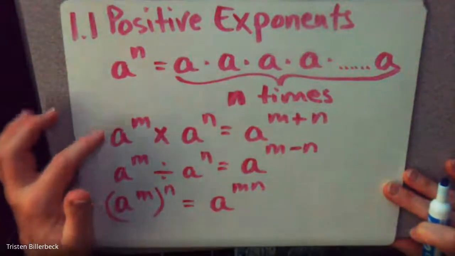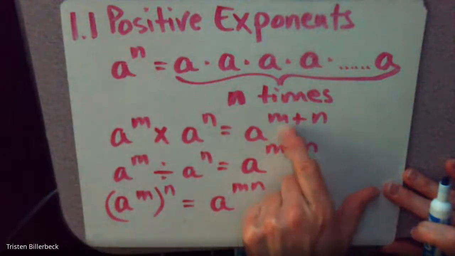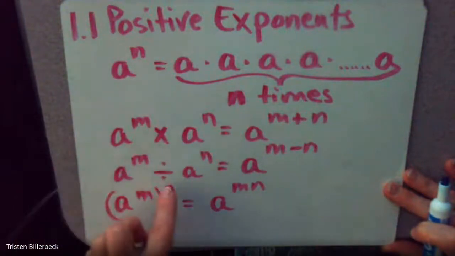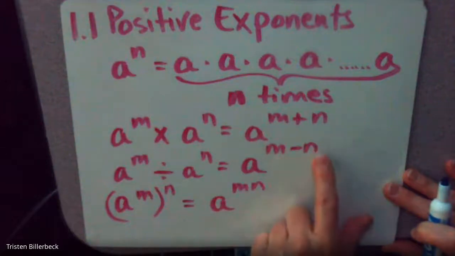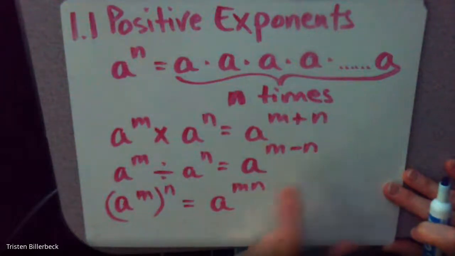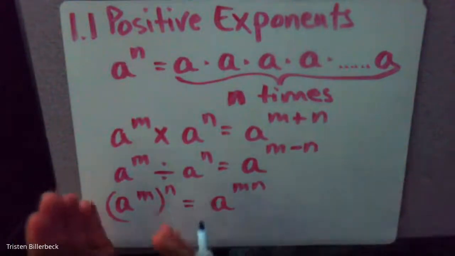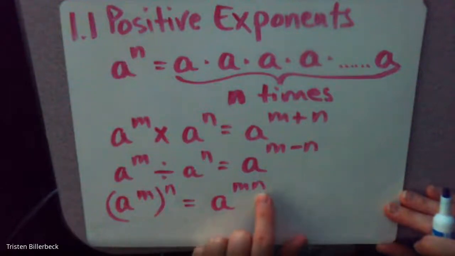So we have a to the m times a to the n would just be a to the m plus n. And a to the m divided by a to the n equals a to the m minus n. And then we have a to the m, and then the whole quantity to the n is a to the m times n.